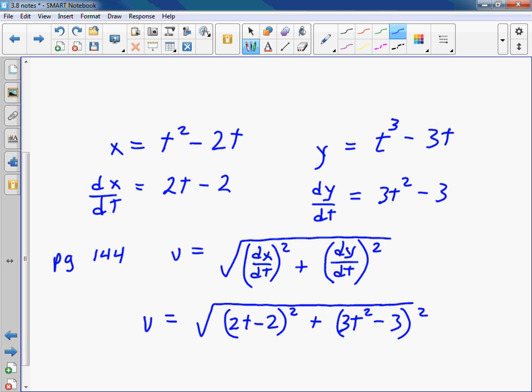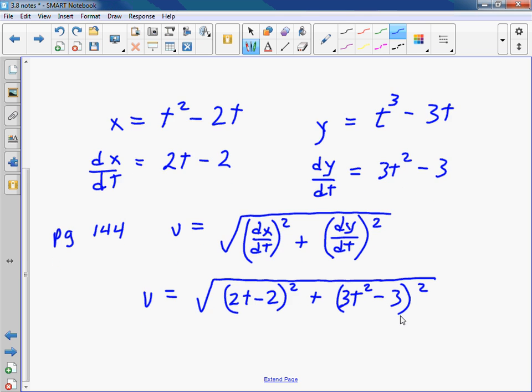And you can simplify those if you want to, but really you don't have to, because this is something that we can express in our calculator and get a velocity out of that for any value of t. So that works just fine. So that part is the answer to an expression for the velocity.